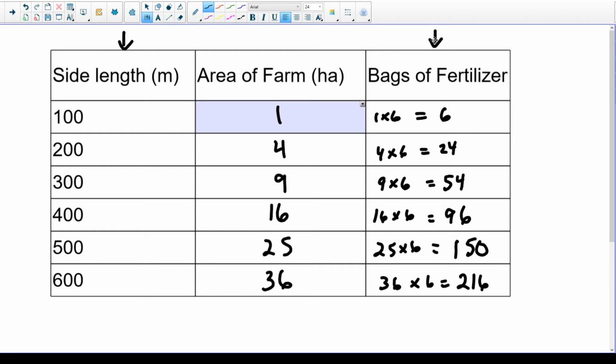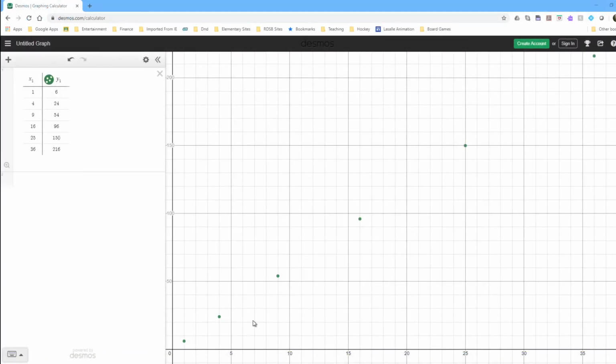So the bags of fertilizer is going to be our y-axis, and the side length is going to be our x-axis. The only thing we need to change in our Desmos graph here are these numbers.